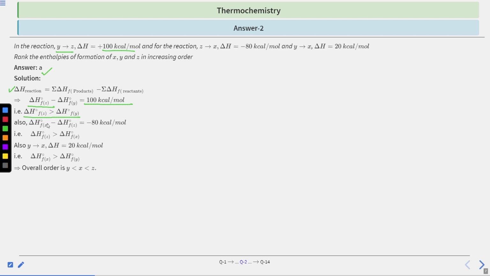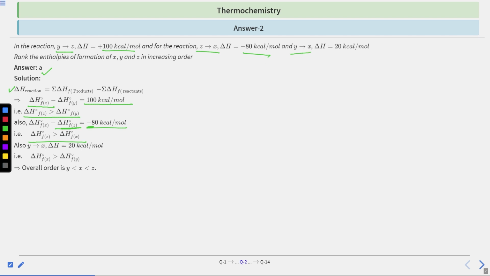Similarly, we observe in this process that delta H naught F for X minus delta H naught F of Z equals minus 80 kilocalorie per mole. We can see that the total enthalpy change for the reaction is coming out as negative. That means in this equation, this is greater than this. So we can say that delta H naught formation for Z is greater than delta H naught formation for X, right?